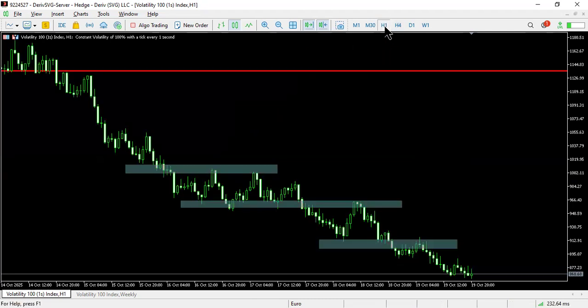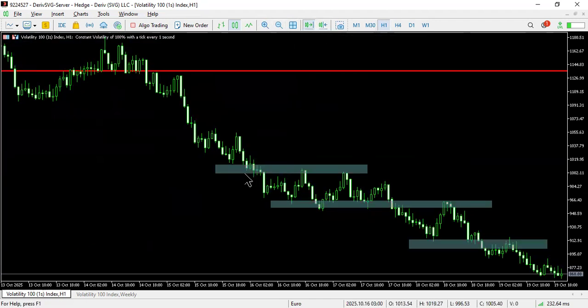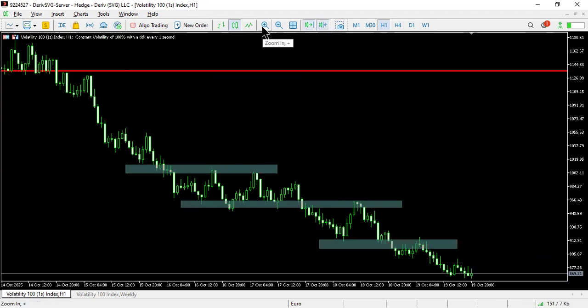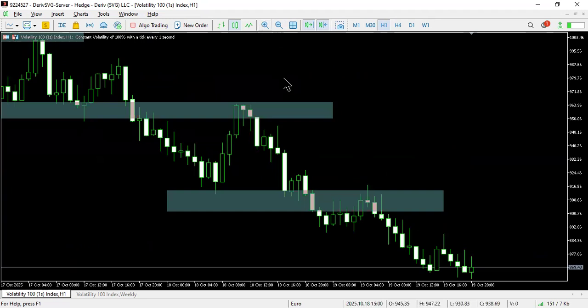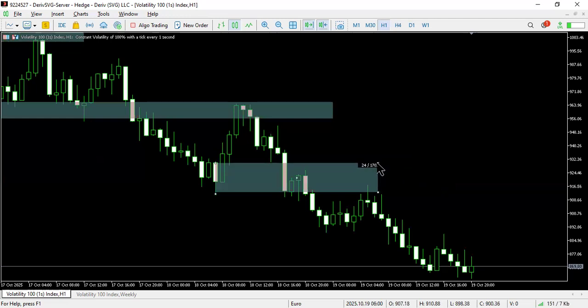So if we go to the 1 hour time frame, we can see how price was moving. So we're breaking structures to the downside and price was mitigating our order blocks. So if we are to catch a move on VIX 100, there was a break of structure and then price mitigated this order block.